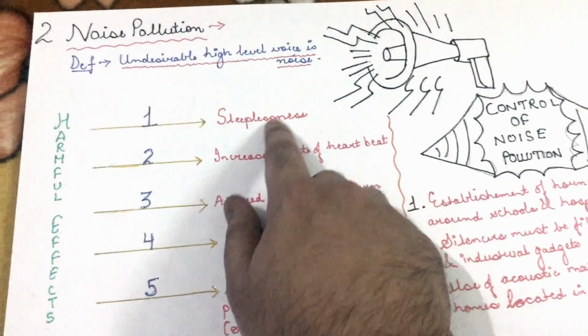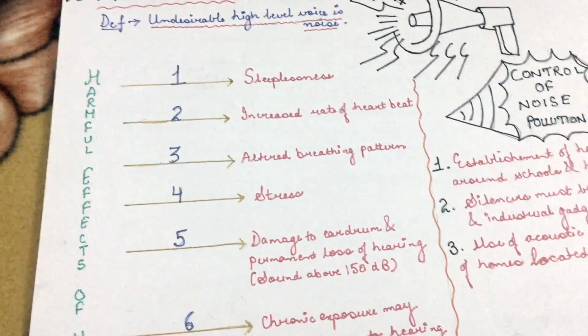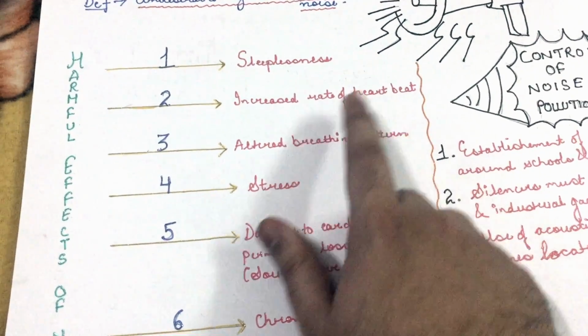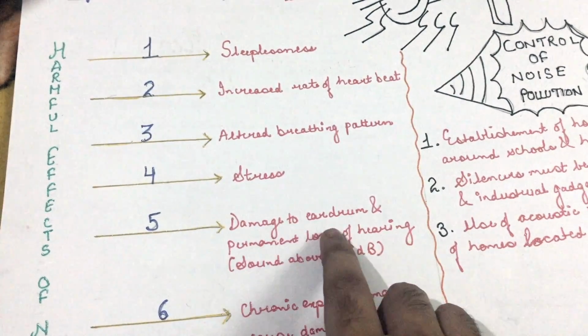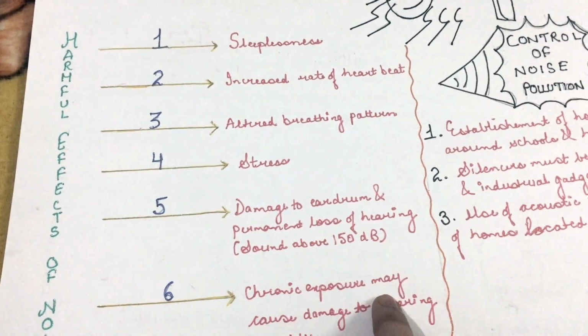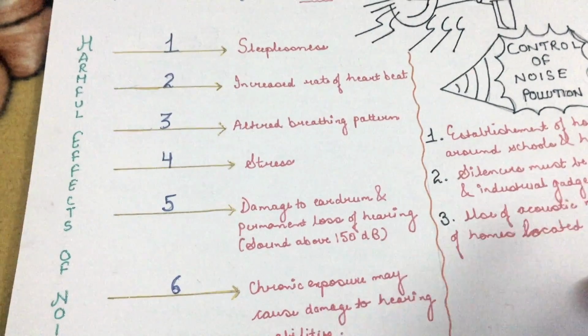So these are the six points of harmful effects of noise pollution.